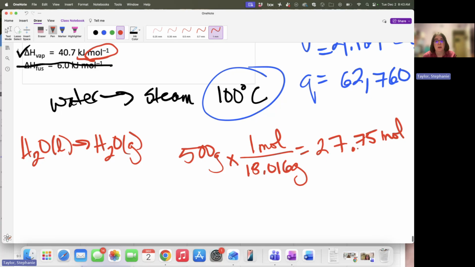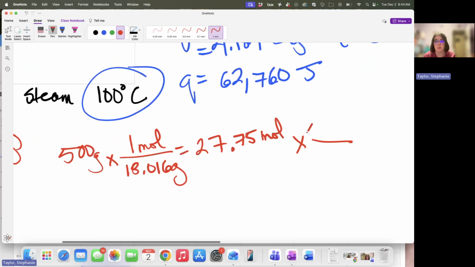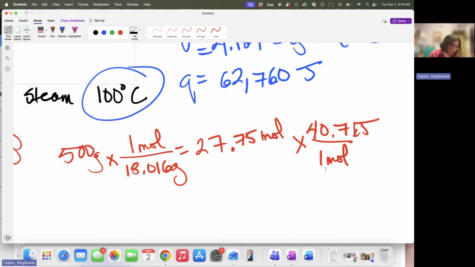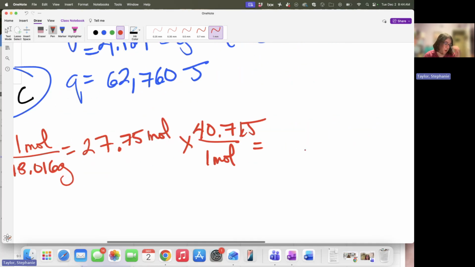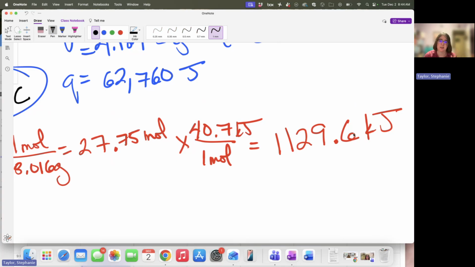So all I have to do is take my 27.75 and multiply it times my 40.7 kilojoules per mole. Now I do have the whole number still in my calculator, so my number is probably going to be a little bit different from yours, because I kept all those decimal places. I get 29.6 kilojoules. I am again going to keep track of the fact that that's in kilojoules, because the other one was in joules.